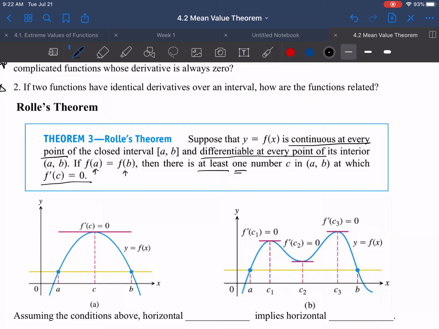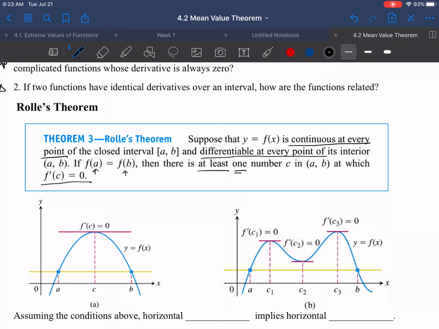Here we have this blue upside down parabola looking graph, and you can see that it is smooth, it is continuous, it has no breaks in it, it's differentiable at every point. There's no sharp curves or any sharp points or anything like that. It doesn't jump anywhere.